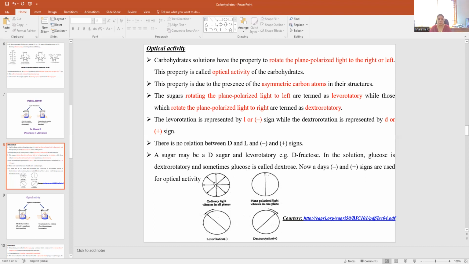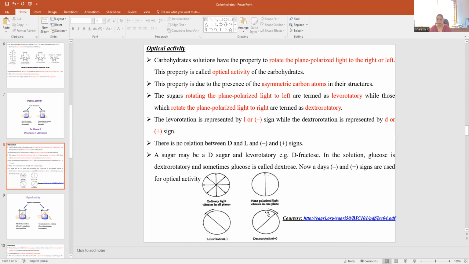That's why they have put all the direction arrow marks. It just spreads ordinarily in all the planes. Whereas the plane of polarized light, when you pass it through the solution or any medium, vibrates in only one plane. If you pass it through this direction, it will vibrate only in that particular direction. That is a major property of plane of polarized light.